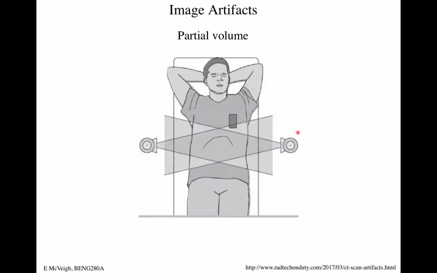So this is another artifact that happens with modern scanners that have detectors that are fairly large in the Z direction. So recall for this beam here, this is not Z. Okay, Z is into the page.